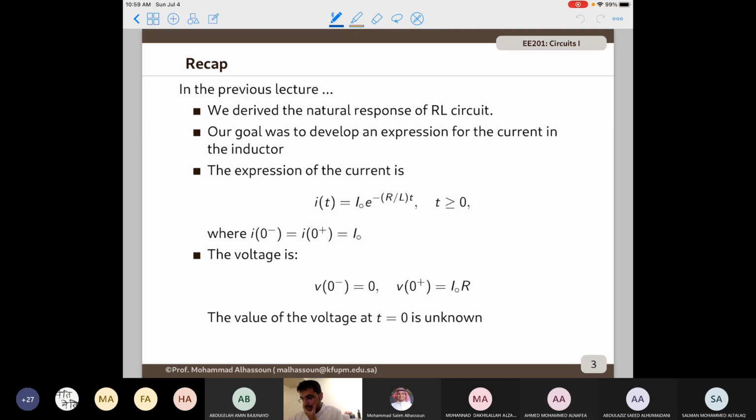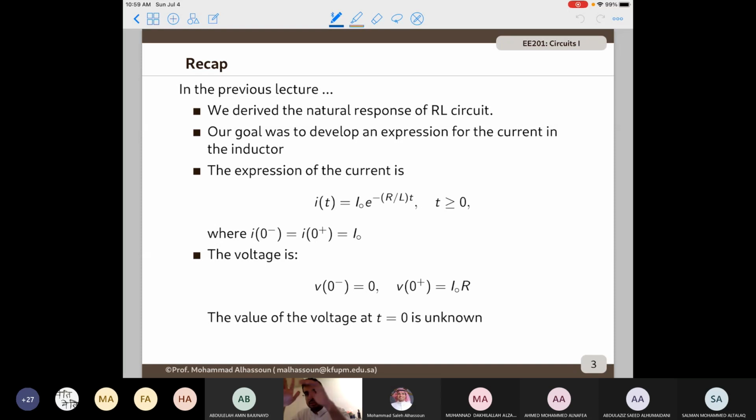Okay. In the previous lecture, let me just go over what we did in this course. We started with DC analysis, power, energy, voltage, current. Then we studied resistors as a circuit element that resists the flow of charges.